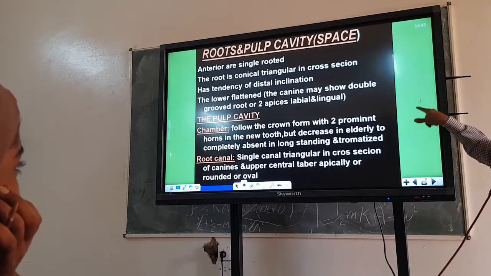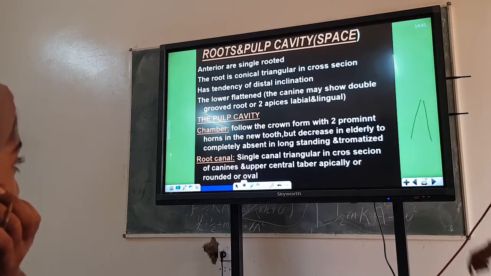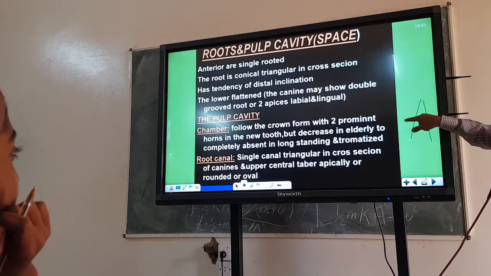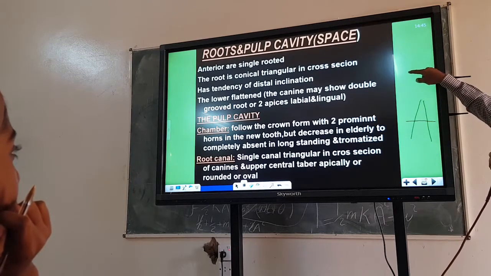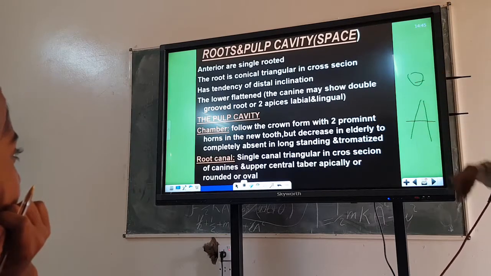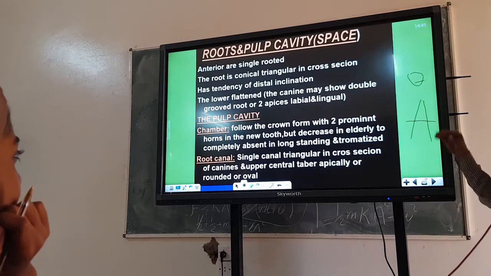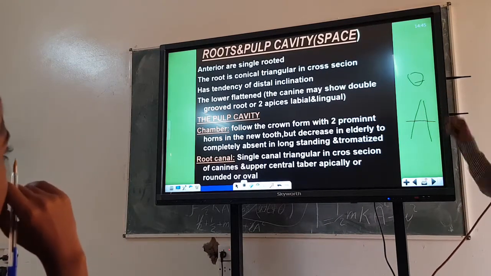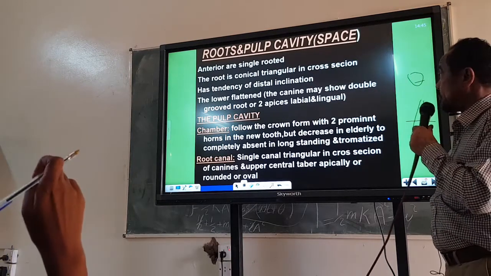Conical means a cone like this. Triangular, if we make a section here it looks like this. We don't find it round, we find it triangular in cross section.